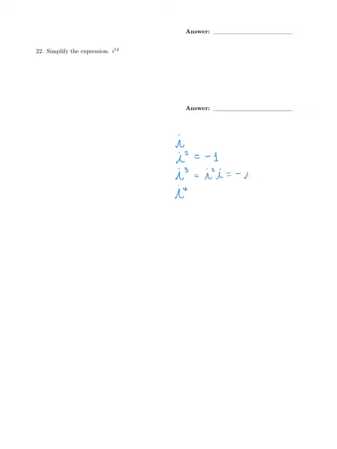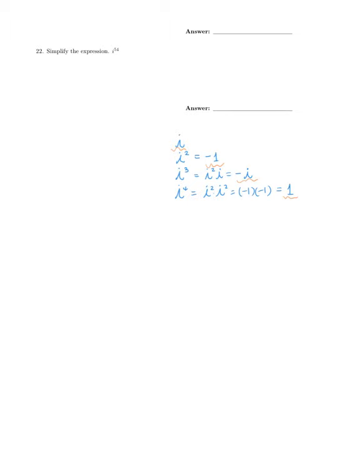So this is just going to be -i, and then i to the 4th is same thing as i squared times another i squared. So that's -1 times -1, so i to the 4th is going to be 1. So your choices are either i or -1, -i, or +1. Keep that in mind, and let's do the problem.